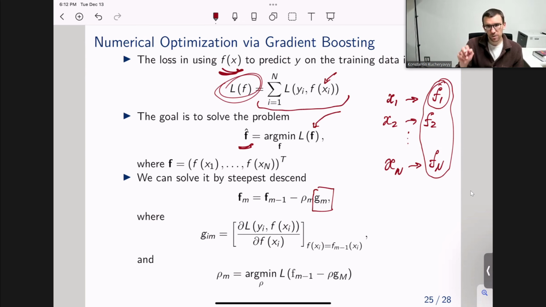So for each observation i, it will give us the direction in which that loss function decreases the fastest. The higher the derivative, the faster the change in the loss function.